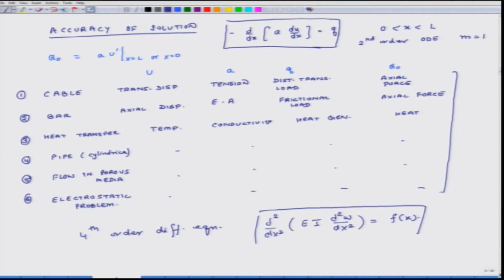This is the governing equation for an Euler-Bernoulli beam. Here this is a fourth order equation and m is equal to 2.